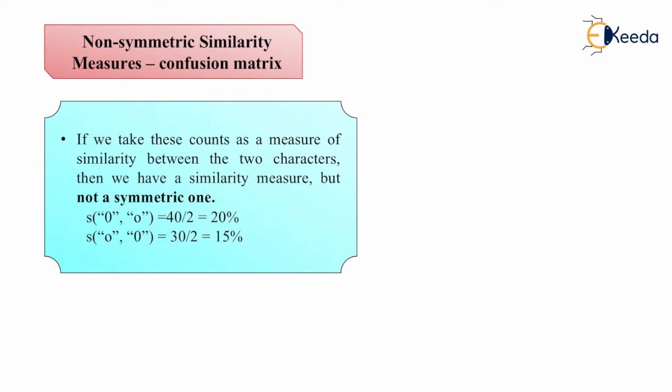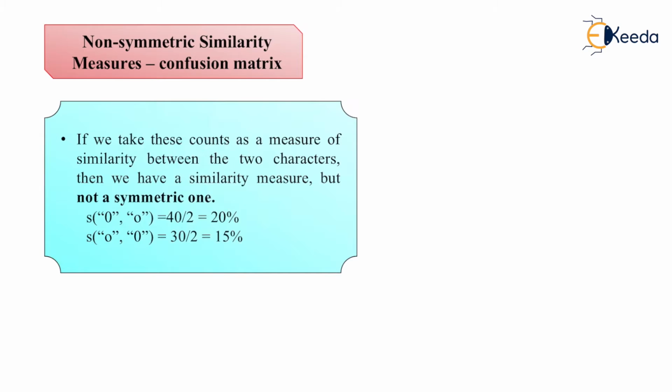Now, if we take this count as a measure of similarity between the two characters, then we have a similarity measure, but not a symmetric one, because for 0 and O we are calculating 40 divided by 2, and the second time, when O is there and 0 is there, that time 30 is the count.